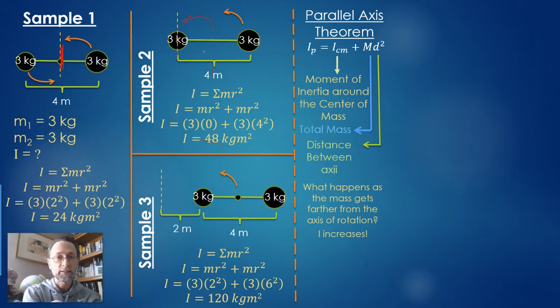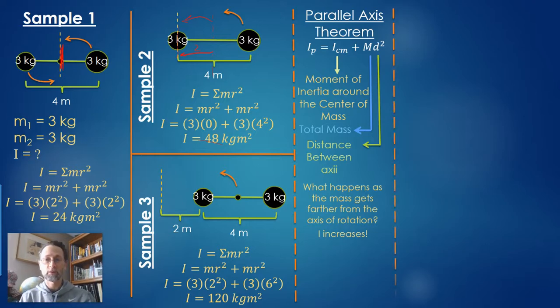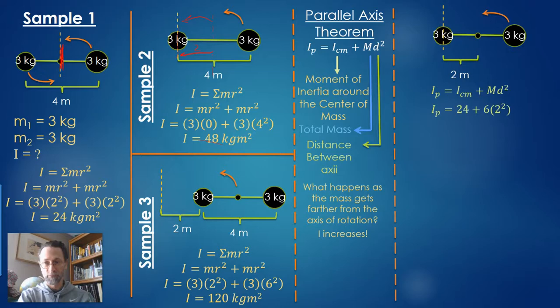Because this is offset by 2, that's what I would put in for my d squared. So I would put in 24 for my center of mass, 6 is my total mass, and then 2 was the shift. And notice that I get the exact same answer that I had earlier, the 48 kilogram meters squared.